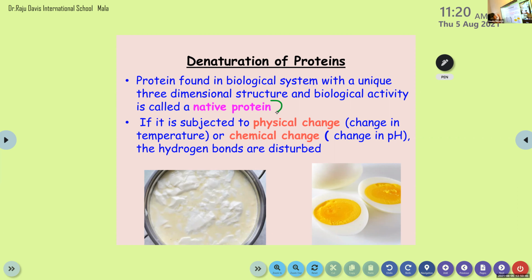So a protein found in a biological system with all these structures, that means it is completely formed into a protein molecule with all four levels of structure. It should complete the quaternary structure and show its own biological activity. It is called a native protein.